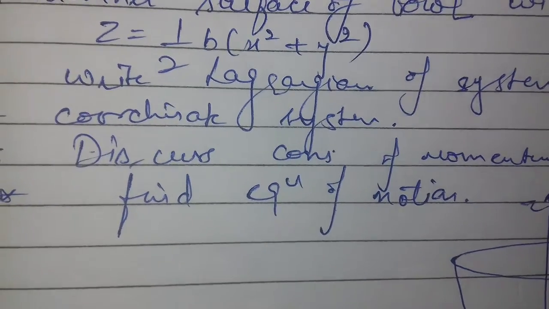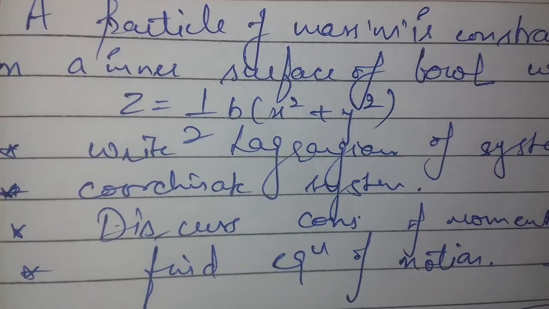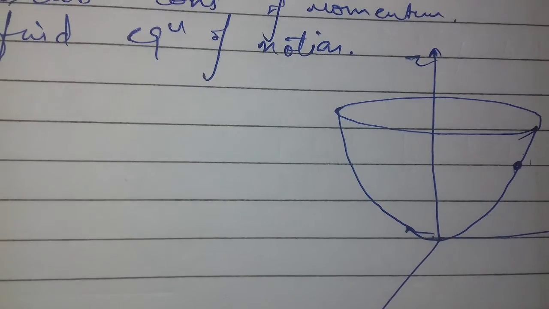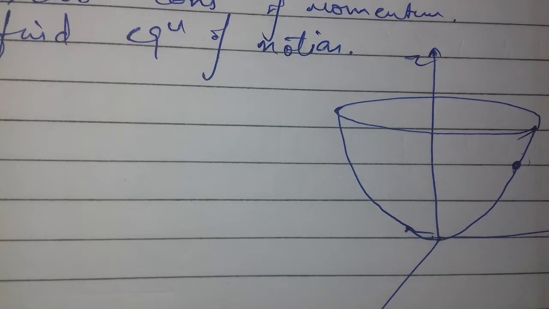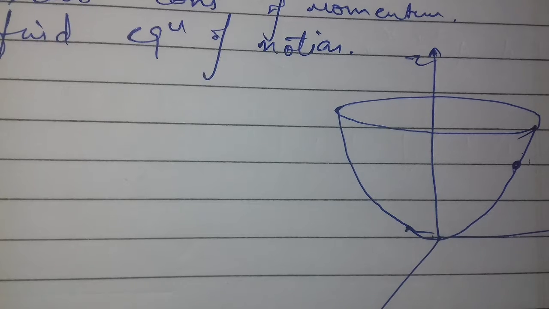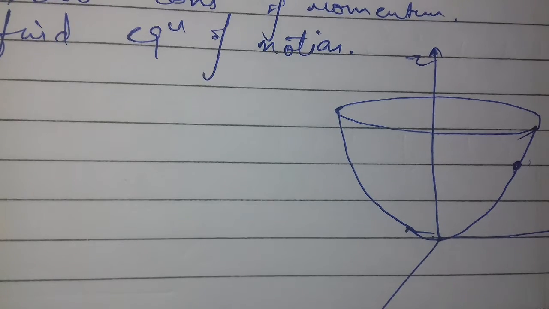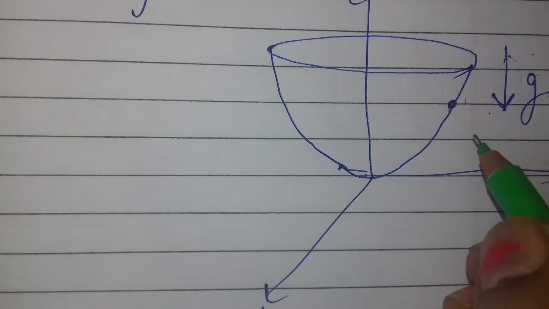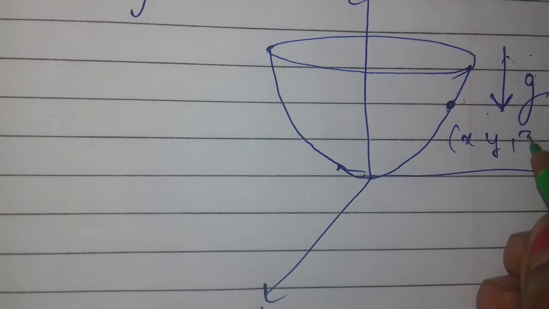After reading the question carefully and making the figure, firstly you have to write the equation of constraint for that particle, and you know the procedure for that. Firstly, consider it as a free particle.